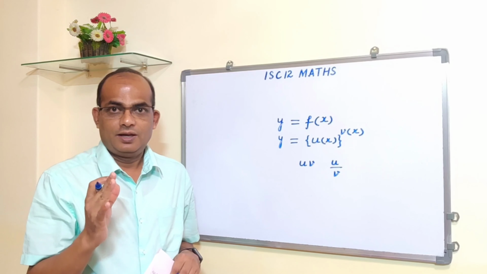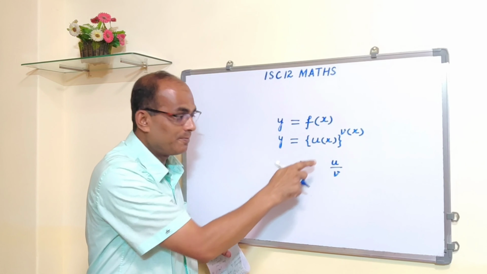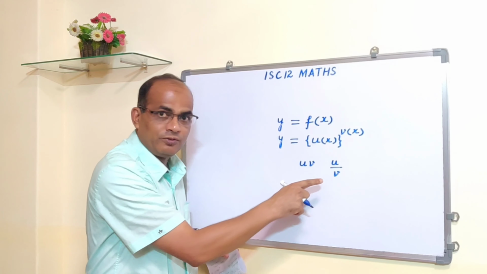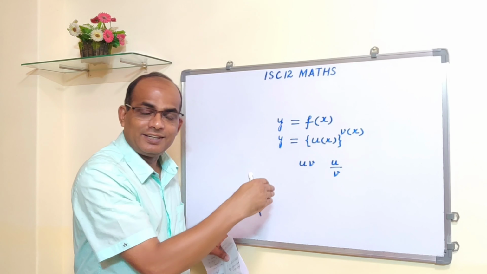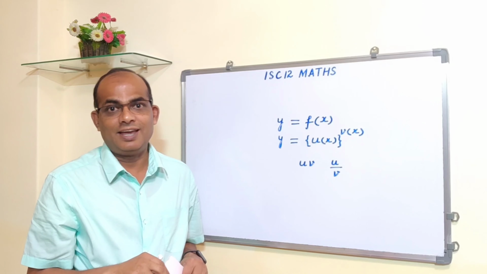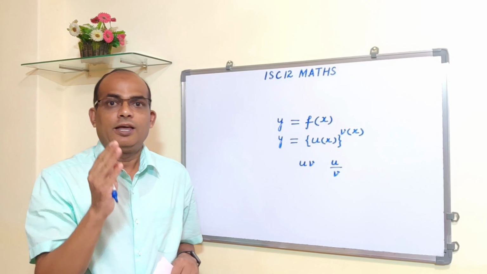In some cases you can do without taking log. When you have a product uv or u upon v, and the function is complicated, then it is better to take log on both the sides and then differentiate.